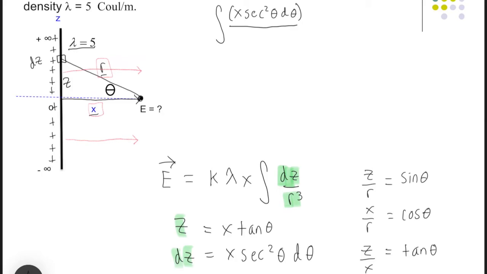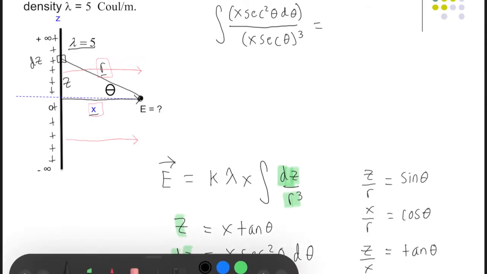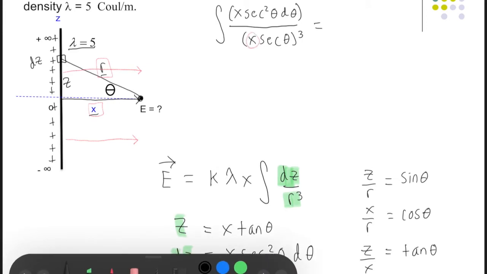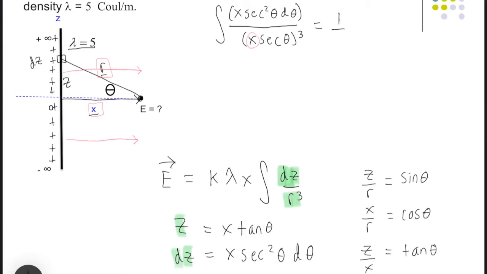So if we cancel out a few things, we can cancel out an x on the bottom. That will give us a value of 1 over x squared, which we can move to the front, and the integral of cosine theta d theta. And then if we continue with this integral, we'll get 1 over x squared times sine theta.